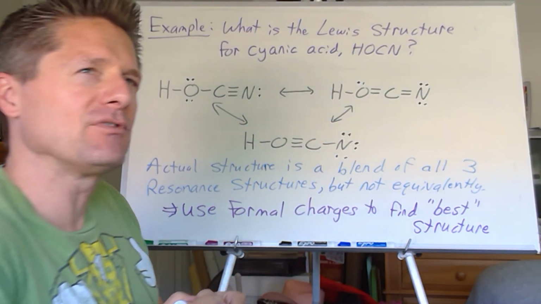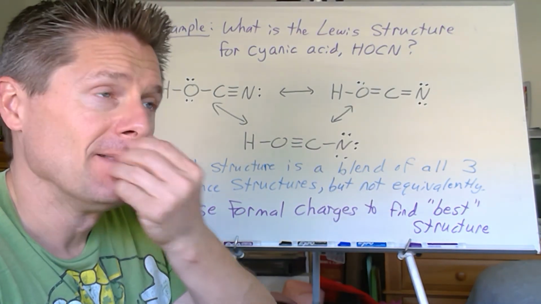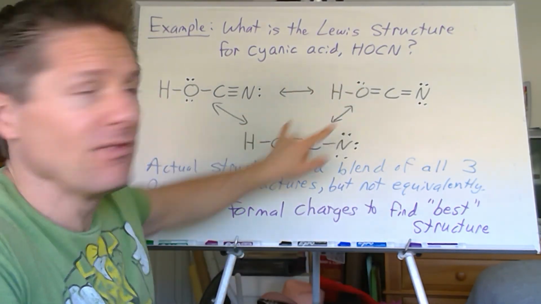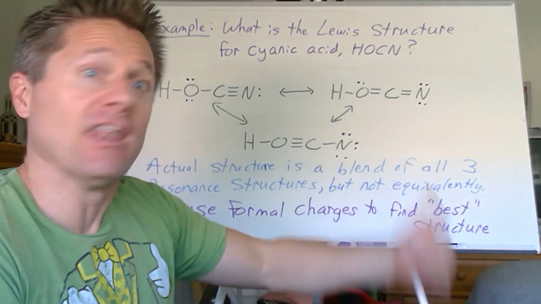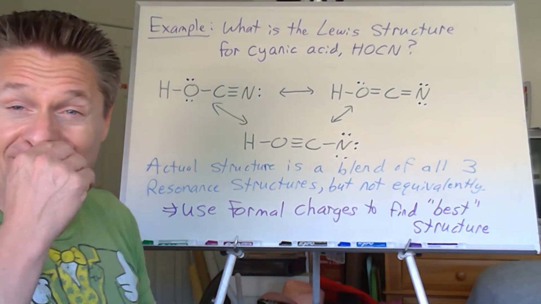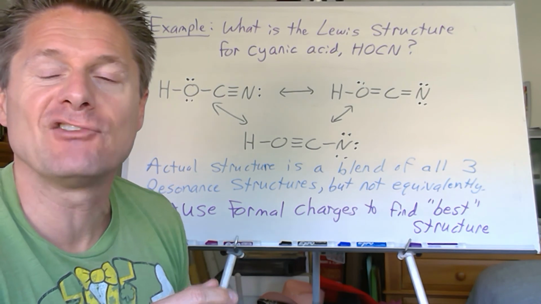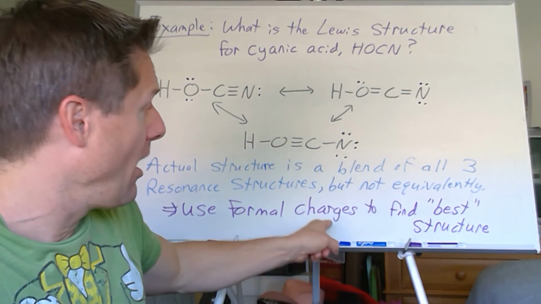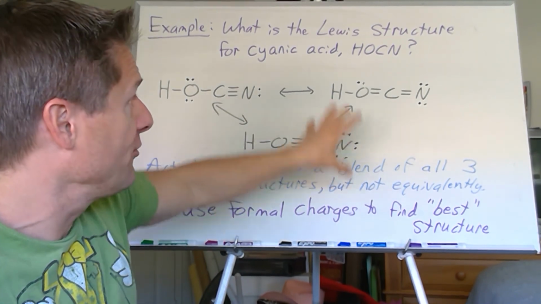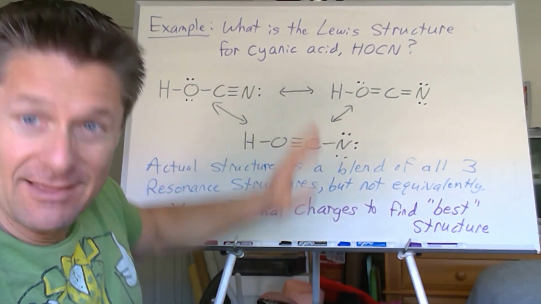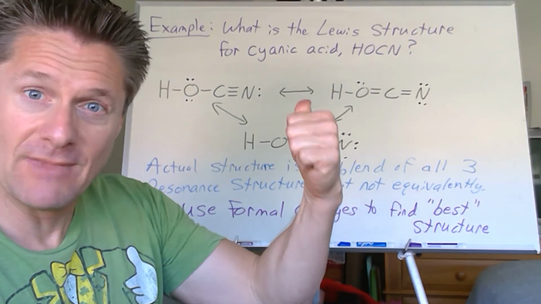When I was doing this, I was torn, should I do the formal charge video first or the resonance video first? Because you need formal charges to determine the best resonance structure. But there's not really a need for formal charges unless you have resonance structures, right? So I ended up going resonance first and then formal charge, but you really could interchange those. So let's do the next video on formal charges. We can bring this species back up again, and I'll show you why this one has the most contribution to the overall structure. Not too tough, resonance.